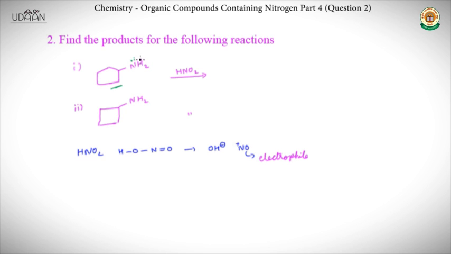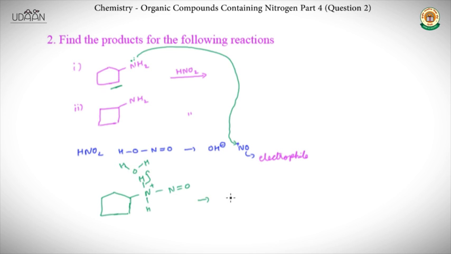So this nucleophile acts on this electrophile and you are going to get this compound, say NH, H, a positive charge on this nitrogen, and NO, N double bond O. Now this bond leaves away, water takes this, and you are going to get a 5-membered ring with NH and double bond O.